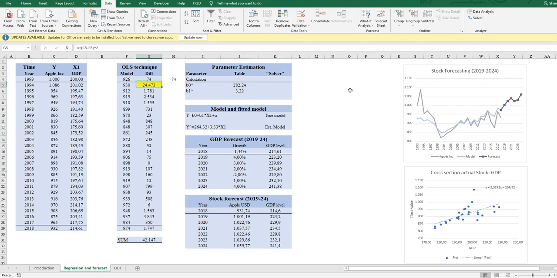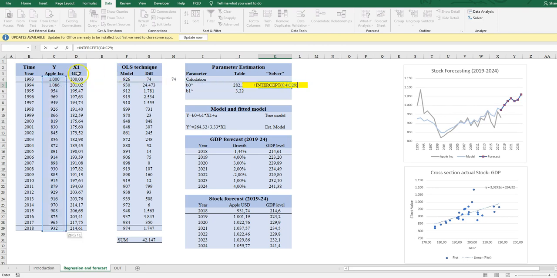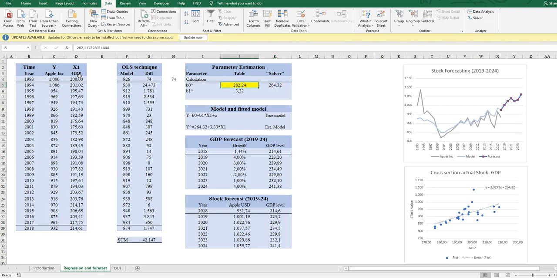Okay, and here it gets very interesting for me, because I will just take the intercept and see. It says 2664.